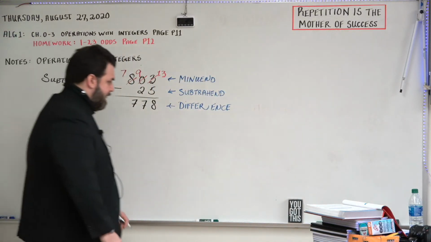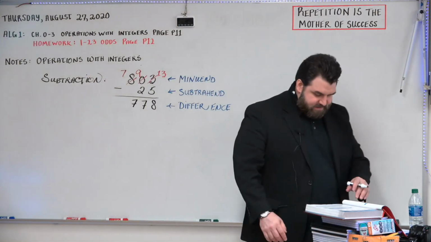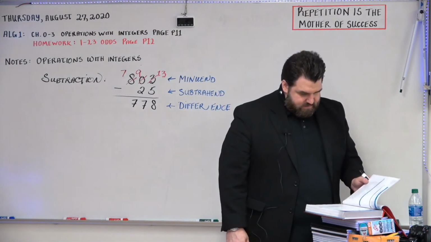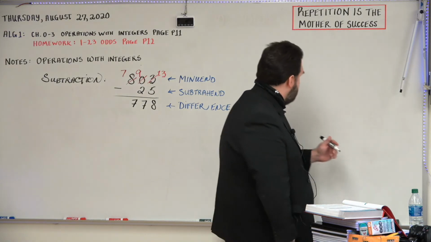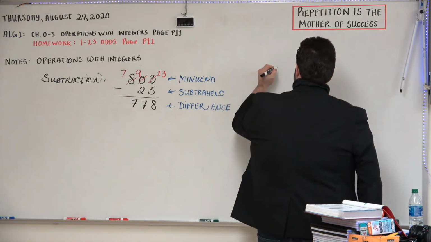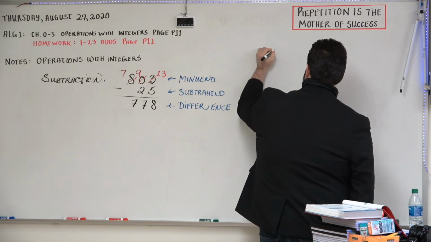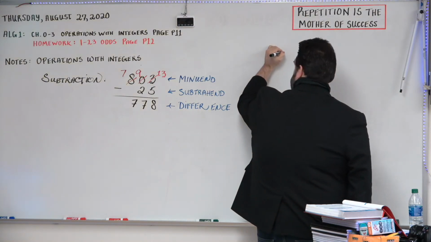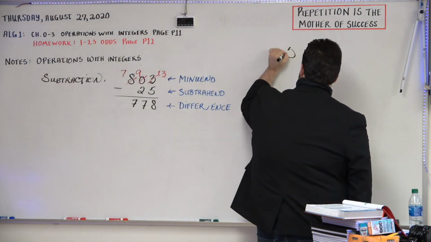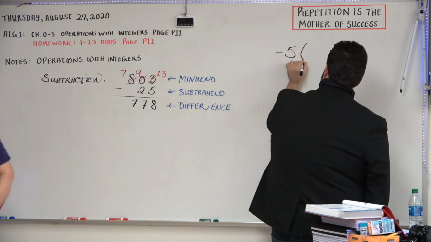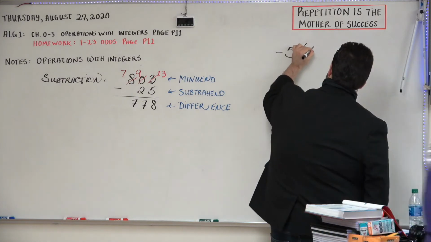Okay. Now we're going to look at this concept of distribution over parentheses. So let's take a look at -5, open parentheses, 6.